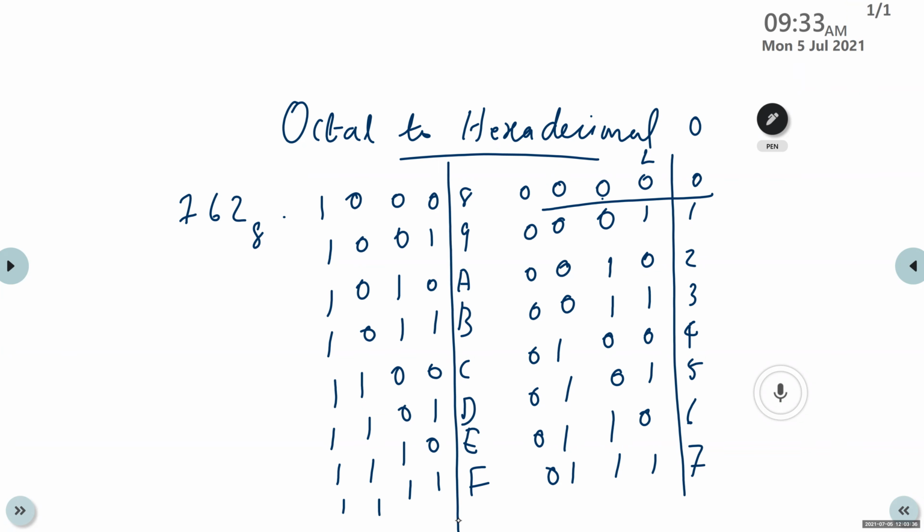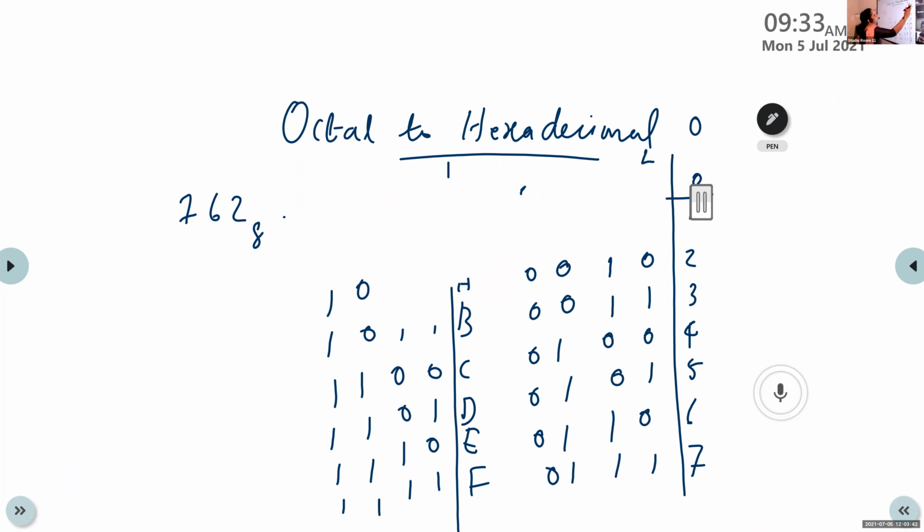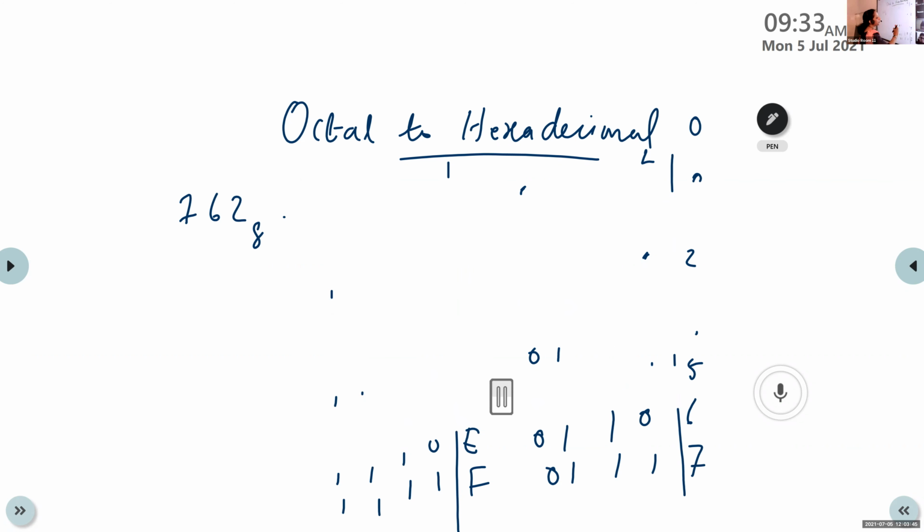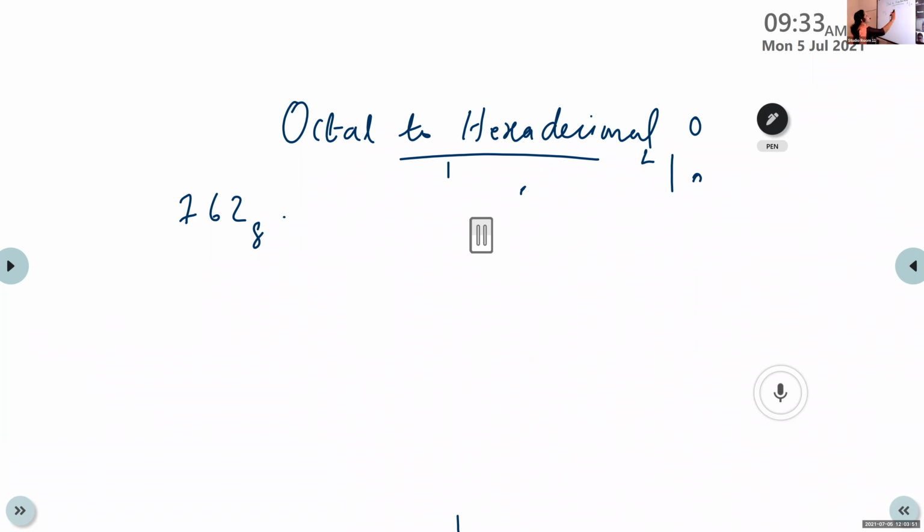Okay. So for converting octal to hexadecimal, first we have to convert that octal number into binary using which table? How can we convert an octal number to binary? By using the 3-bit table, correct.